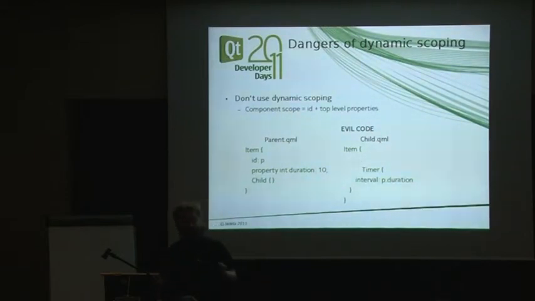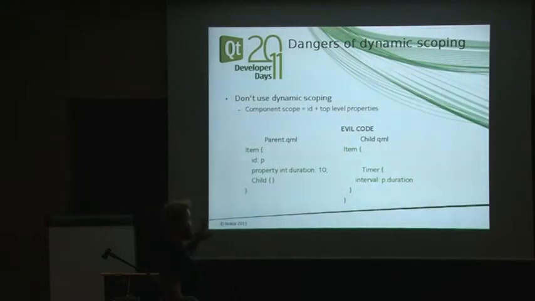And if not, then he will look at his parent scope. And he will look around, and if your parent doesn't find anything, he will go up, and up to the topmost item. I'm not 100% sure why this is in QML. It's dangerous, and unfortunately, you will not be able to turn it off. I hope that sometime in the future and new release you can turn it off, but nowadays you can't.